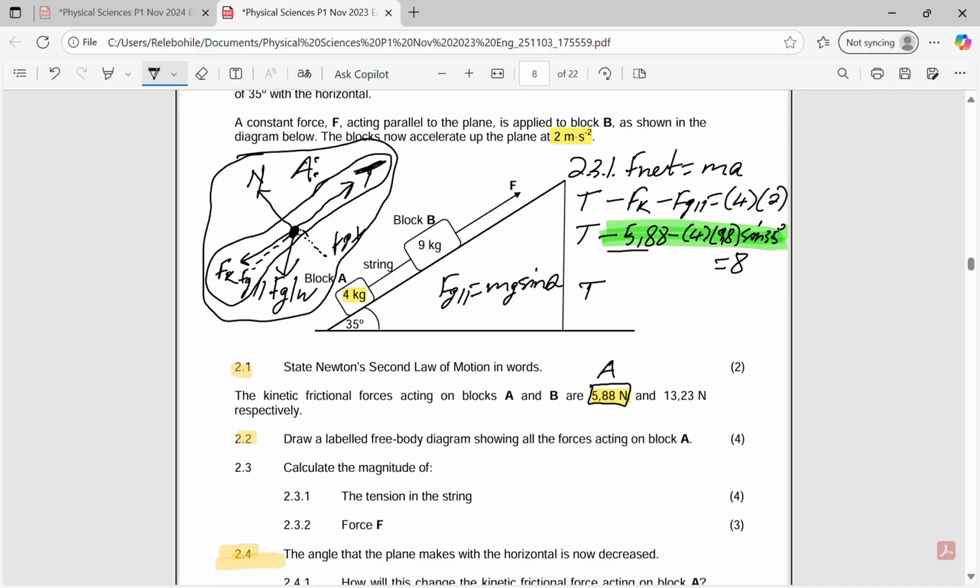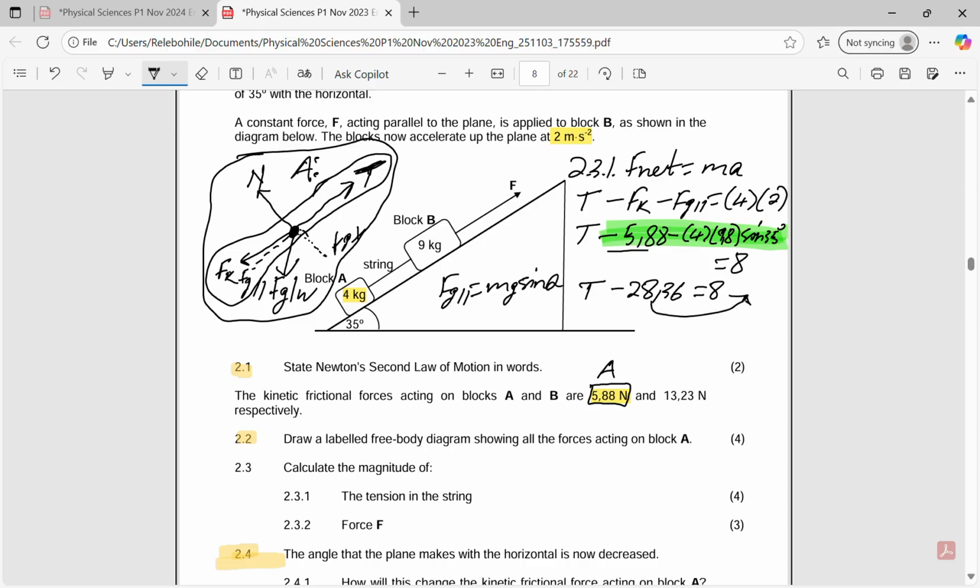Okay, my calculator is giving me an error, but now everything's okay. So the value, guys, I get when I put all of this that I've highlighted in green on the calculator, I get a value of T minus 28, I'm going to round this off to 2 decimal places. 28.36 is equal to 8, and then this will be brought to the other side. When we take it to the other side, it means it's going to be positive.